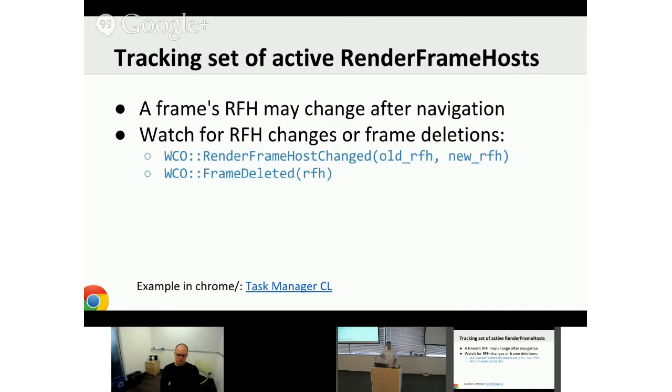And also on every cross-process navigation, when we're transitioning from one render frame host to a new one, we fire off this event and specify which render frame host we're transitioning out of, the old one, and into the new one.